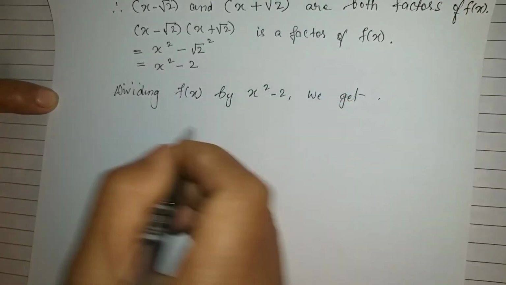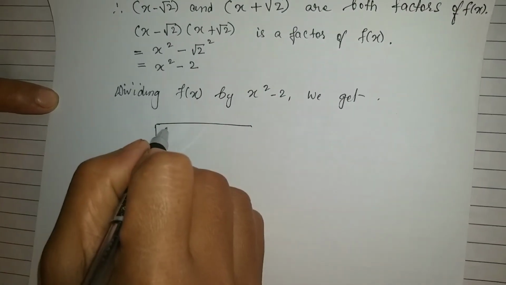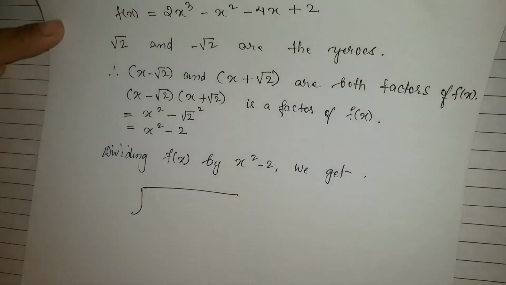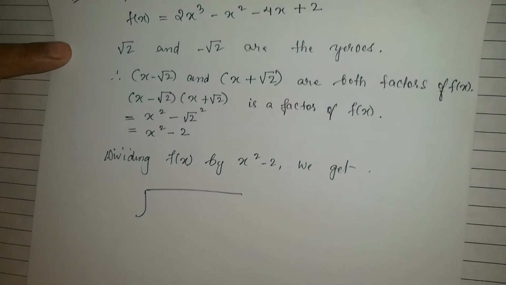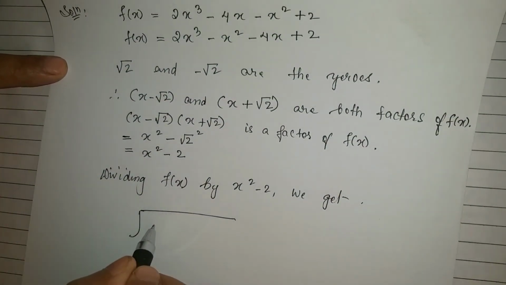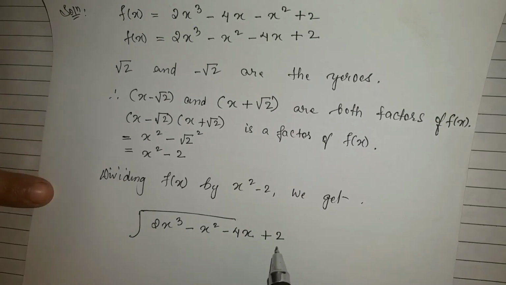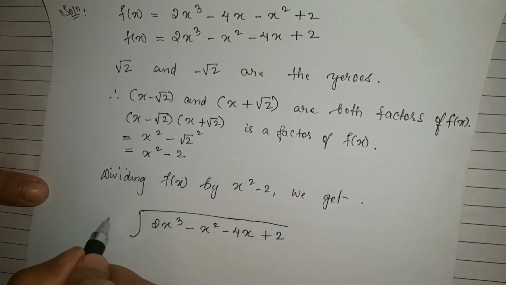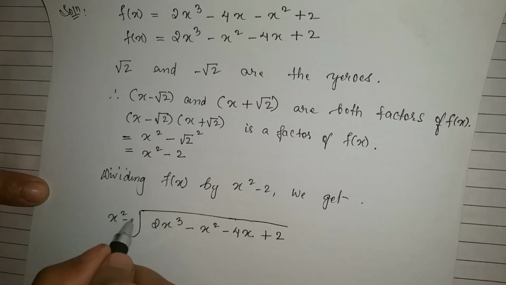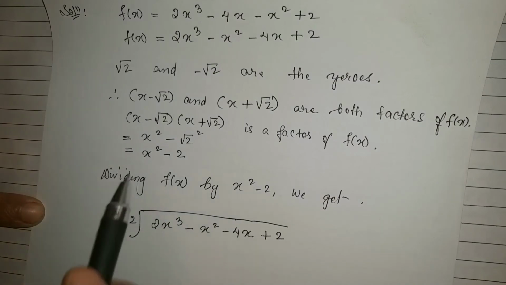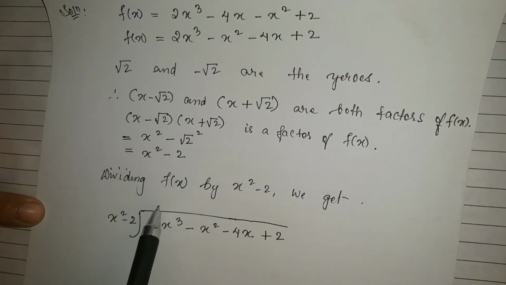What is our f of x? Our f of x is 2x cubed minus x square minus 4x plus 2. We'll divide by x square minus 2. How do we proceed? We'll find a term in the quotient where if we multiply that term with x square, we should get 2x cubed.